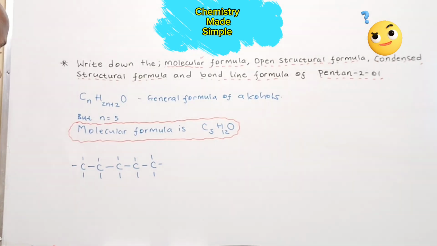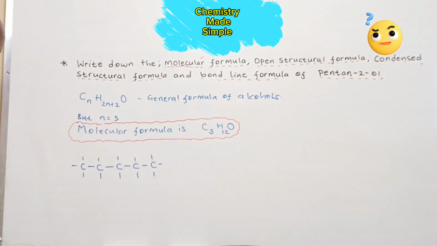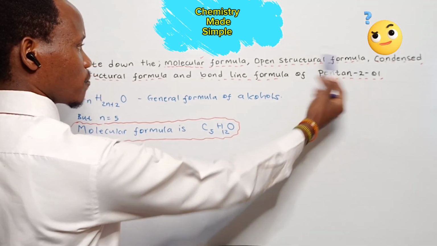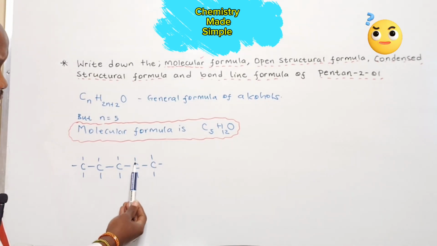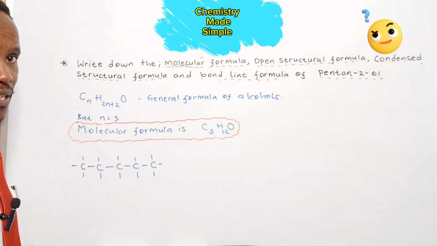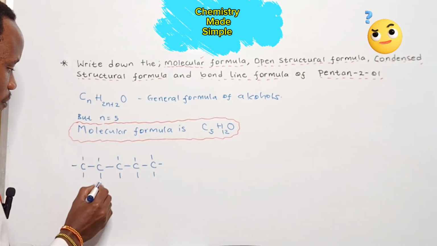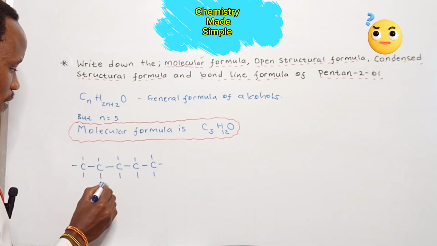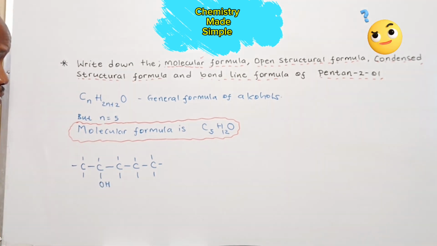We have already established that since it is pentane, it must have a 5 carbon chain, but specifically the OH on position 2. So where do we find position 2? It depends on where you want to start from. The one who starts from this side, this will be position 2, and the one who starts from the other side, that will be position 2. Ironically, both are correct. If I start from this side, on position 2 is where we have the OH group, or the hydroxyl group. Why?